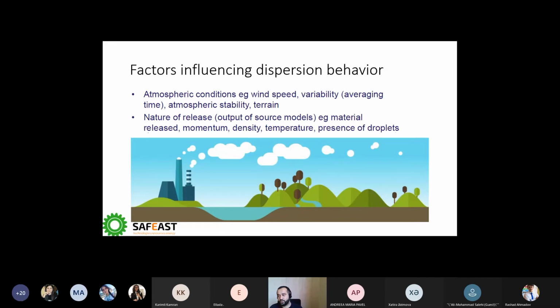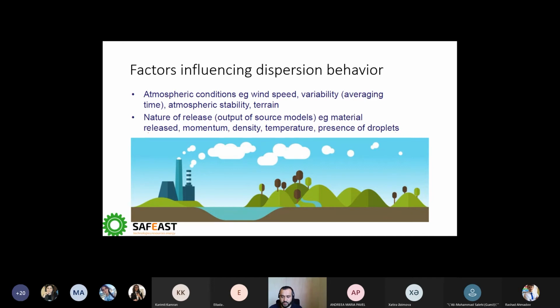And of course, the nature of the release as well. If the material is released under momentum, then for a certain time it will be forced by momentum. Then when it loses the momentum, it will be driven by the wind. And there is the density of the formed cloud.